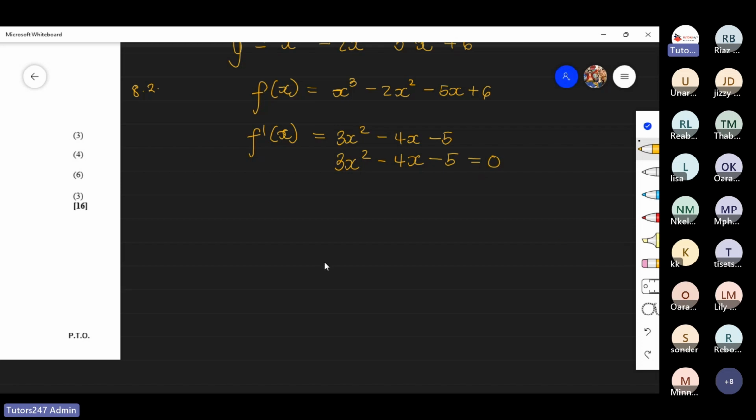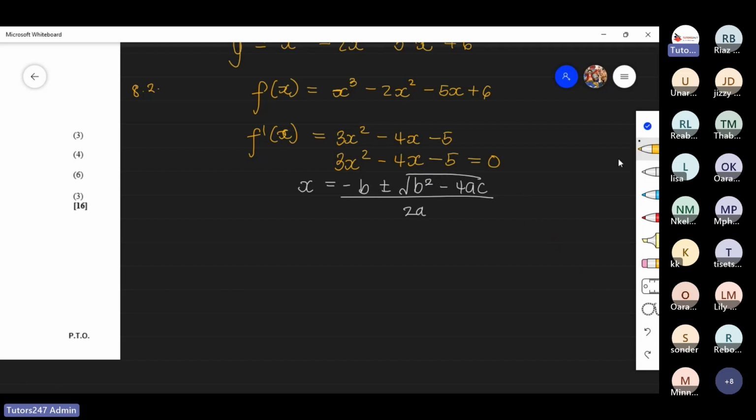From here, you can use your quadratic formula, or you can factorize, it doesn't matter. If you see that factorization is not working out, it's most likely because the values of x are decimals, so you'd have to use your quadratic formula. Your quadratic formula is x equals negative b plus or minus the square root of b squared minus 4ac, all over 2a.